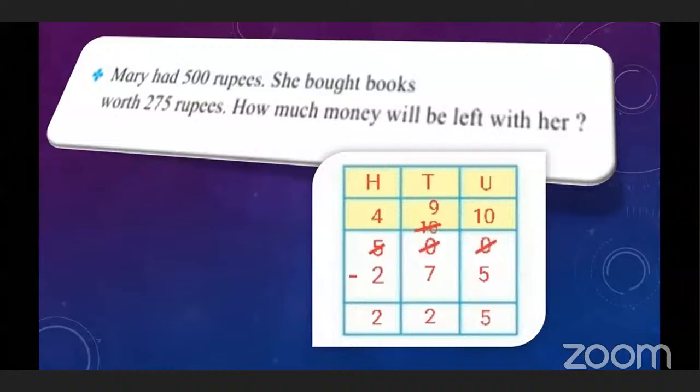Again I have to proceed towards the hundred place, and at the hundred place I can easily subtract 2 from 4, and this will be my answer, that is 225 rupees will be left with her. This will be the answer of this word problem.